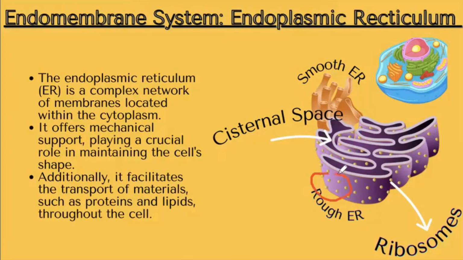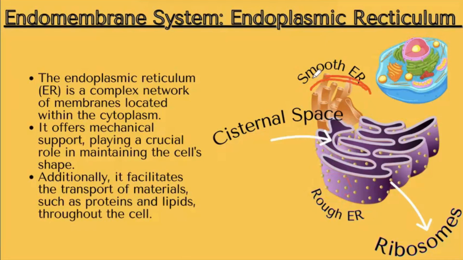And if it's rough, it has the ribosomes, which makes sense because remember, we're producing those ribosomes near the nucleus's function. So that makes sense why the endoplasmic reticulum is so close.